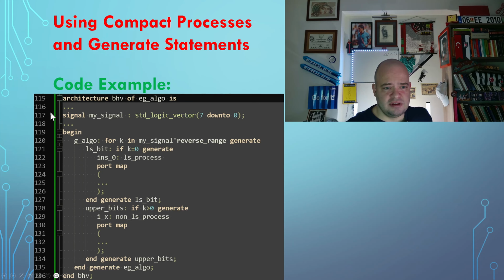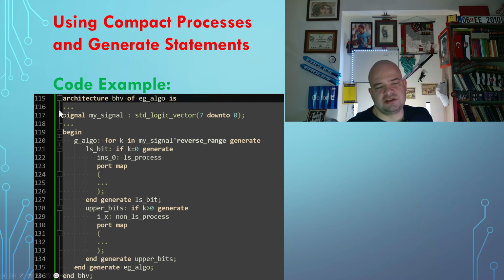We have a behavioral architecture, an architecture named BHV, behavioral. The entity name is just an example, example algorithm. And we have a signal, just among many.